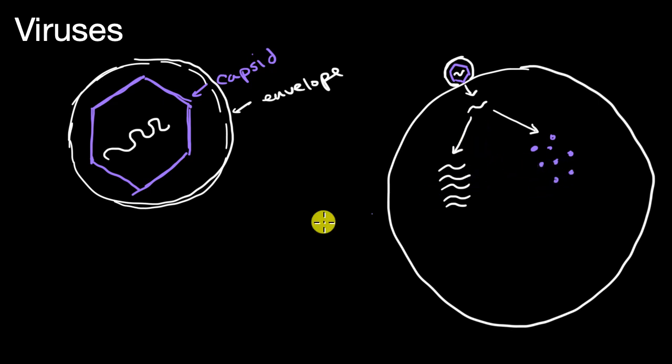And then you have assembly, where these things come together. So the protein starts to come together with the genetic material all the way until you get to release, where the virus starts to emerge from that cell.